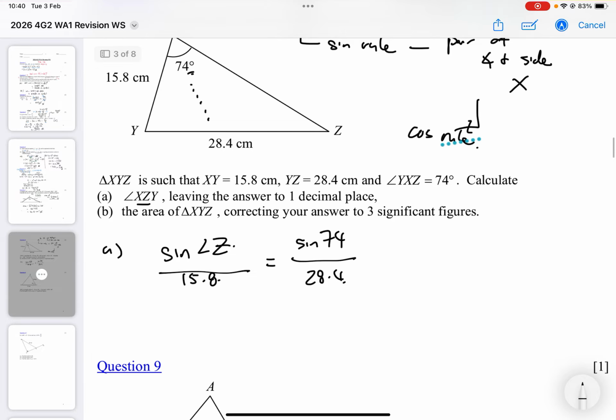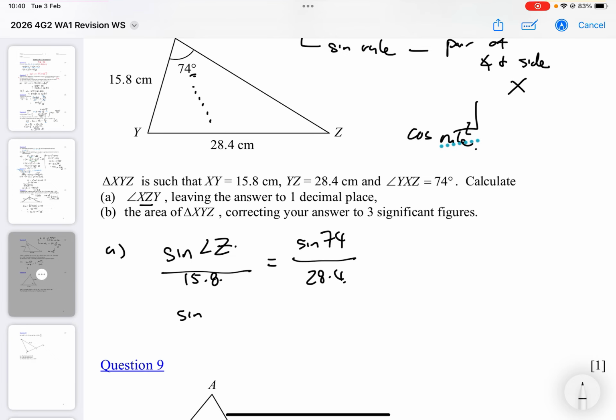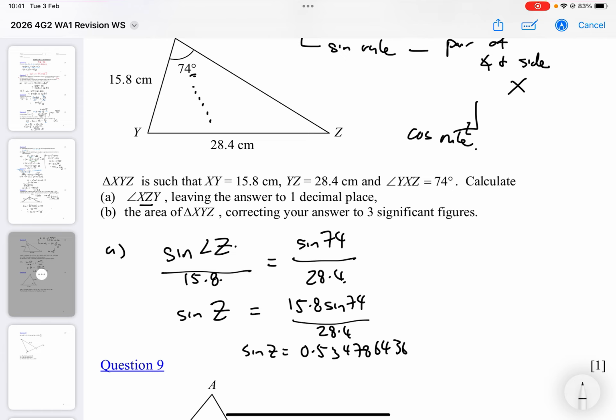Then to simplify, I want to finally find angle Z. So I put sine of angle Z, and multiply the 15.8 across first. What I key into the calculator will be just a number: 15.8 times sine of 74, then divided by 28.4. Your calculator will tell you sine of Z is 0.5347864365.